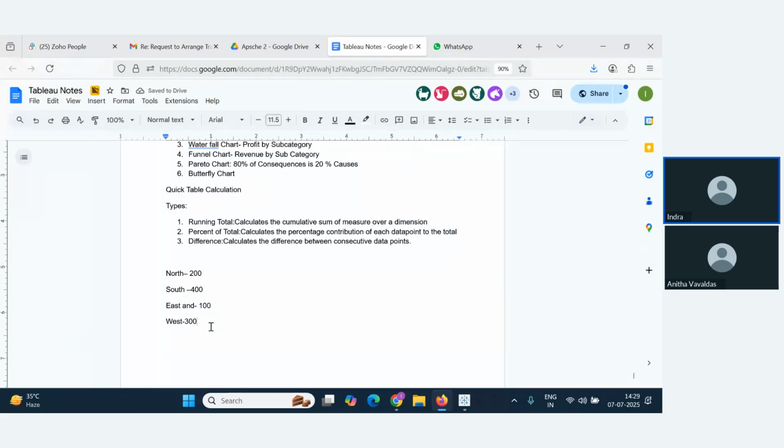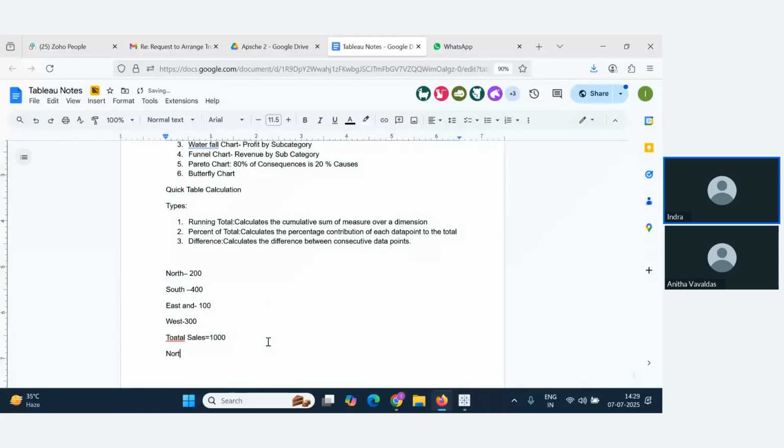Now what is the total sales here? Total sales is equal to, if you sum all these 4 sales, 4 plus 2 is 6, 7, and 3, 1000. This is the total sales for all the regions. Now you want to know the percentage contribution of each sales. So how will you calculate it?